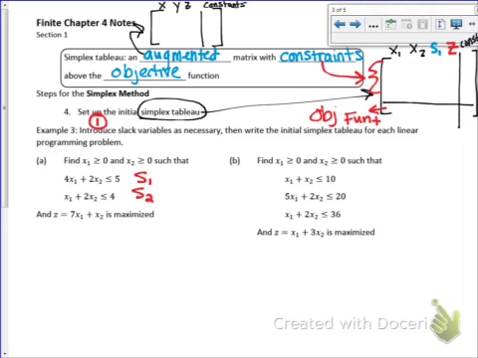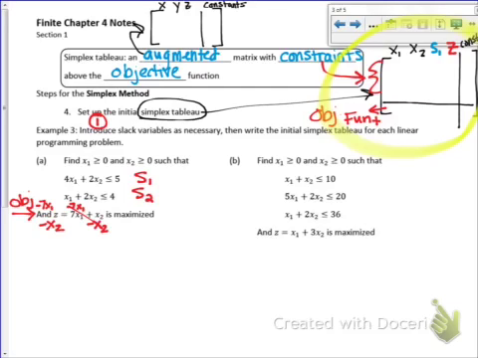All right, now the other thing is if you notice up here in this right hand corner, the x1 and x2 and the z are all on the same side. So what I need to do right here with my objective function is move this 7x1 over here with z, and I need to move this x2 over here with z.